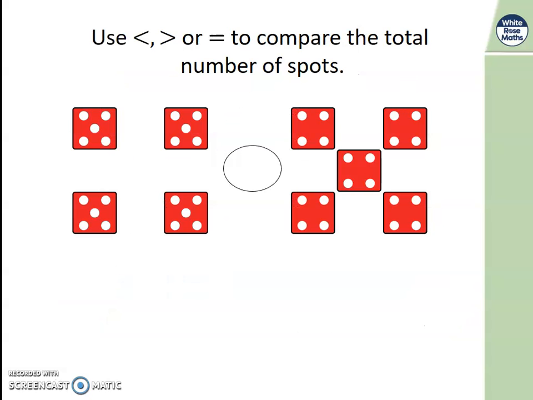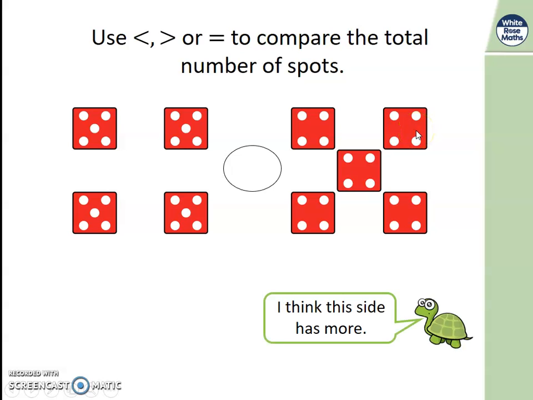So let's move on to using the compare. We want to write if it's more than, less than, or equal to. So we've got 5, 5, 5, 5. So 4 lots of 5. And here we've got 5 lots of 4. So Tiny says that this side's got more, maybe because it's got more dice there.